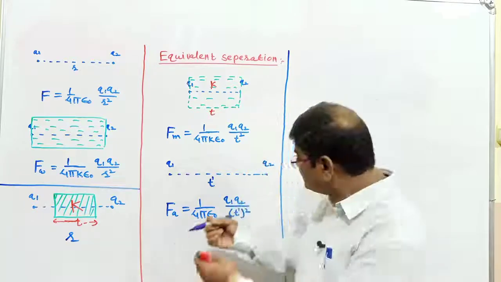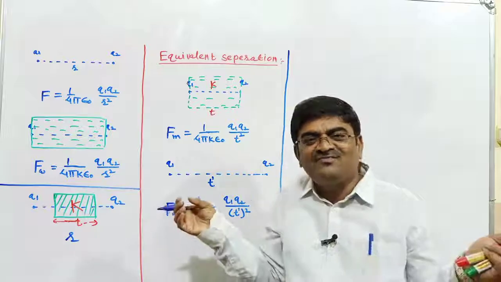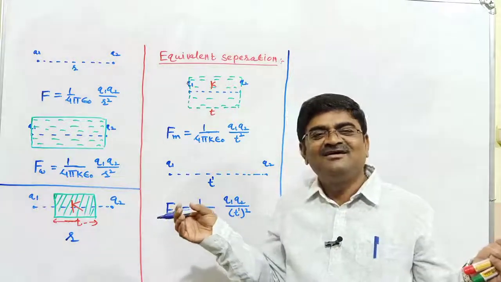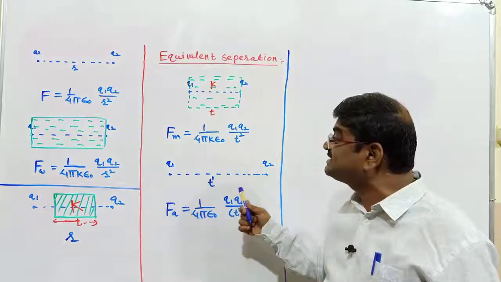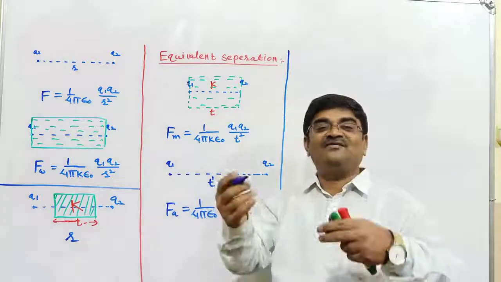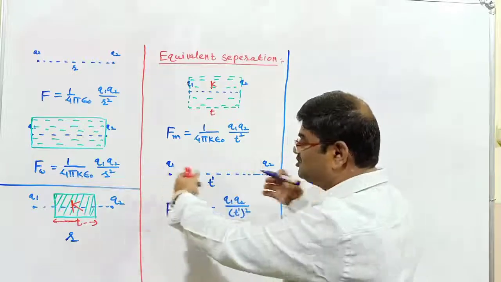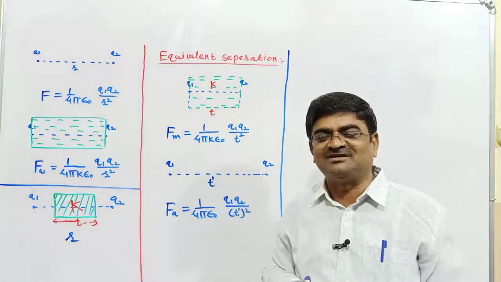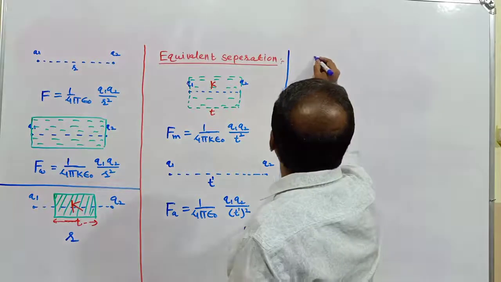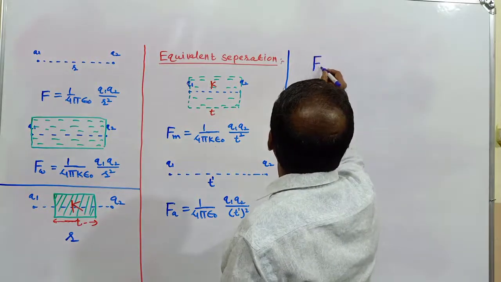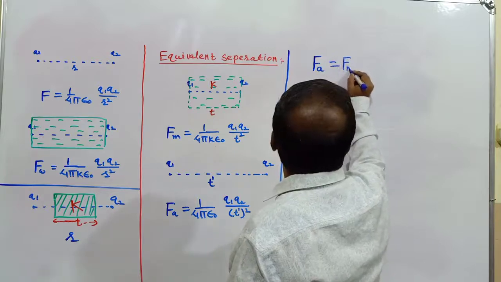Now what adjustment I have to do when I bring these two charges into the vacuum, air, to have the force between those two charges the same as whatever I had when they were in the given dielectric? I will have to change the separation, to have the force in the air the same as what I had in the earlier medium.